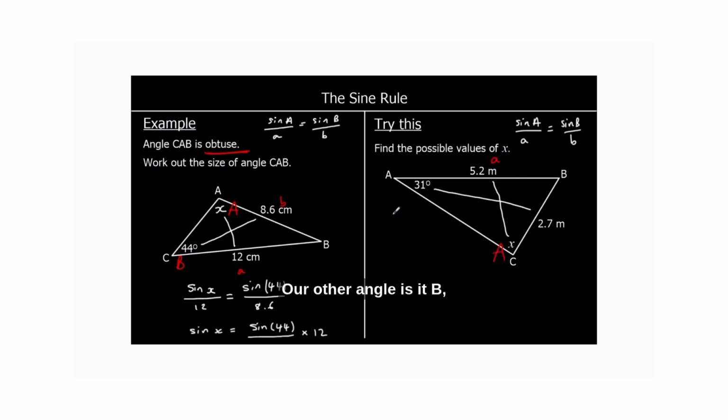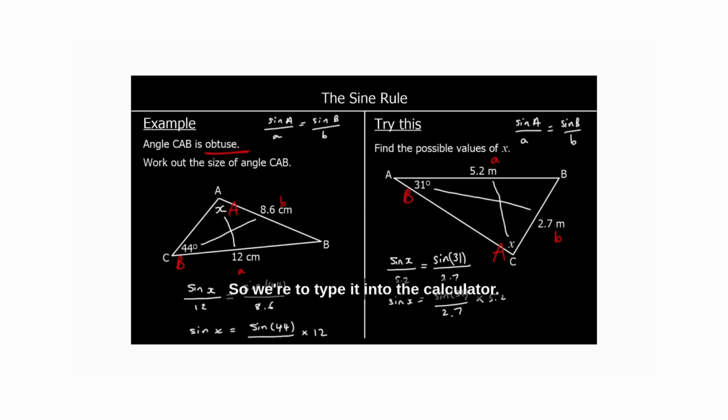Our other angle is big B, opposite it is little b. So sine x over its opposite, which is 5.2, equals sine with the other angle, 31, over its opposite, which is 2.7. So sine x, multiplying both sides by 5.2, is sine 31 over 2.7 times 5.2.